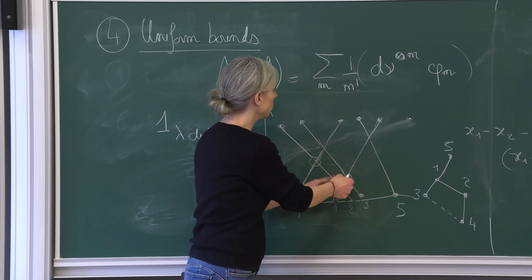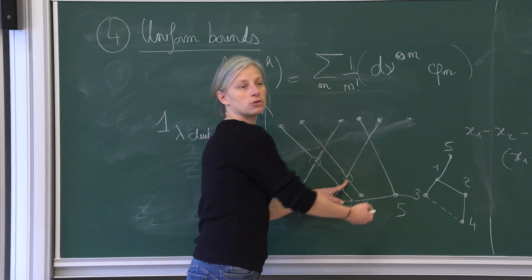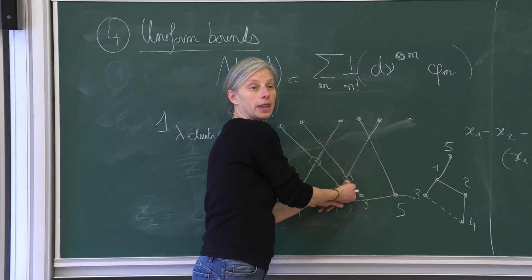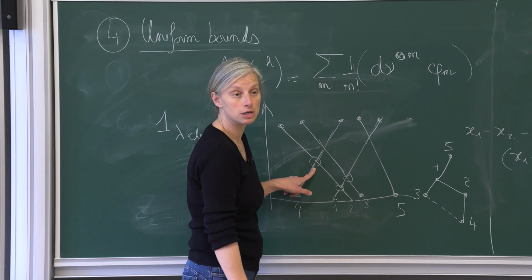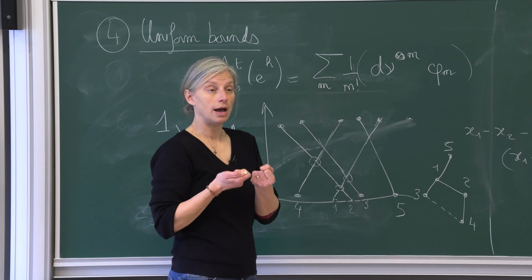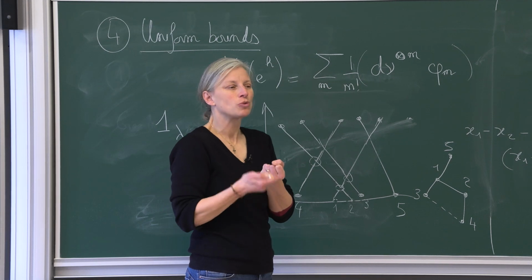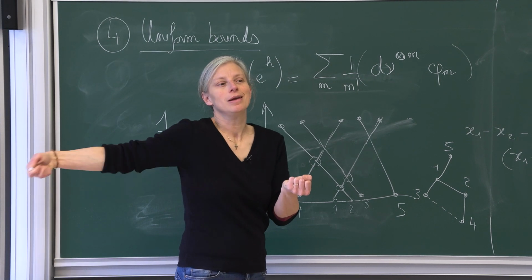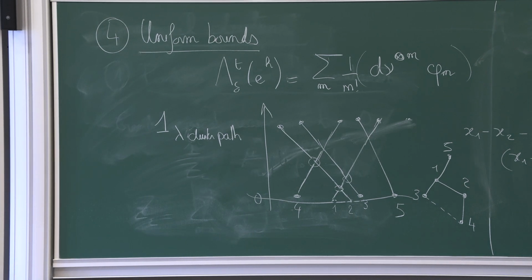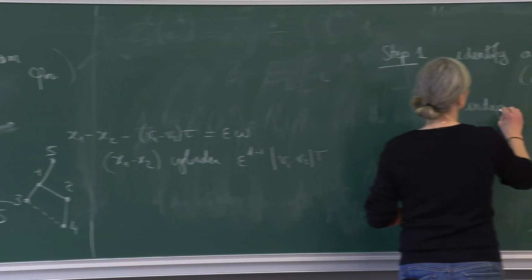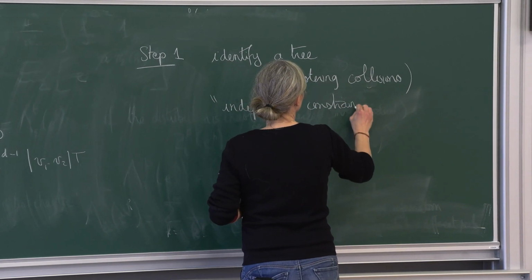Now I have the new position, and I add the condition that x3 has to be in a cylinder. And then I add the condition that x4 has to be in a cylinder. So you see that you are identifying that way independent constraints. Not really independent, but constraints that you can deal with iteratively. So this really corresponds to independent constraints.